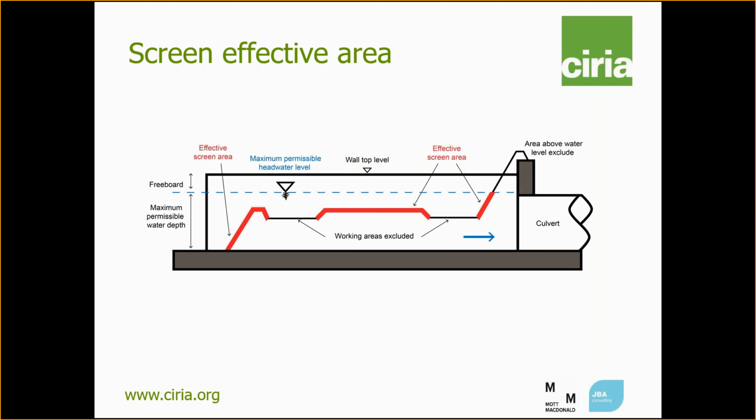And it's also important to be aware that an undersized culvert may not form a good basis for the design of a screen. And screen sizing and design is iterative, as blockage and hydraulic performance are influenced by the bar size, the angle of the screen to the horizontal, the number of stages, and the maximum safe water level.